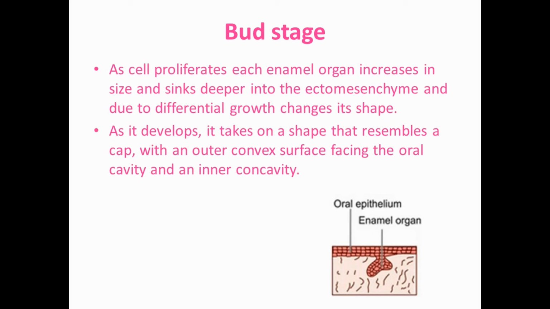So here again shown in the diagram, upper is the oral epithelium, lower is the enamel organ, which is in bud stage. The cells of this enamel organ are proliferating and it is increasing in size and changing its shape. Later on, it converts and resembles a shape of cap.